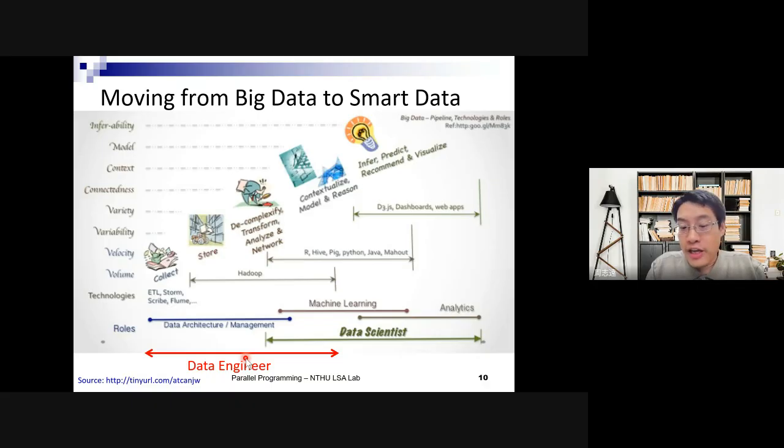Okay, and after the data scientist analyzes the data, the analysis result will be used to drive the AI solution. Okay, you have AI engineers and AI scientists to further build an AI solution or products based on those knowledge or information.